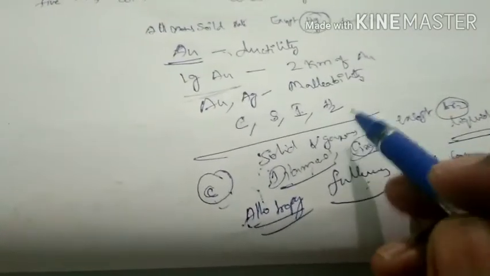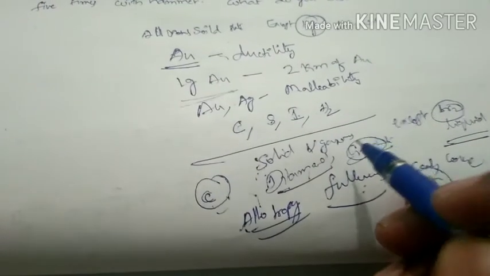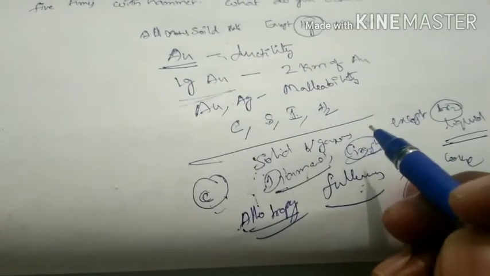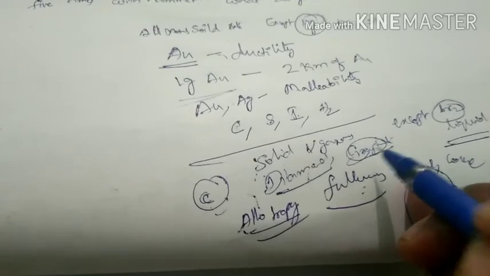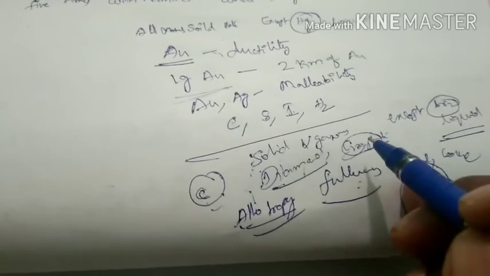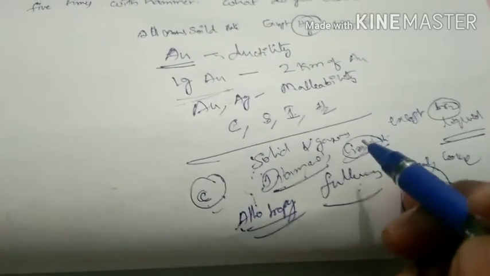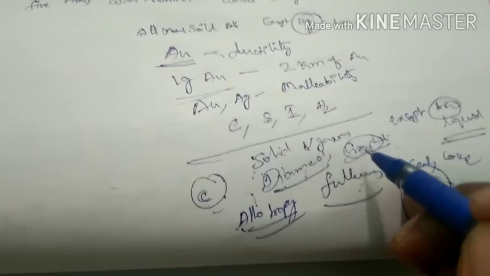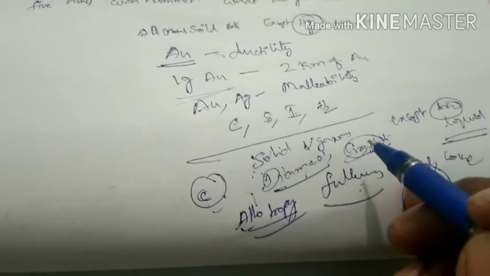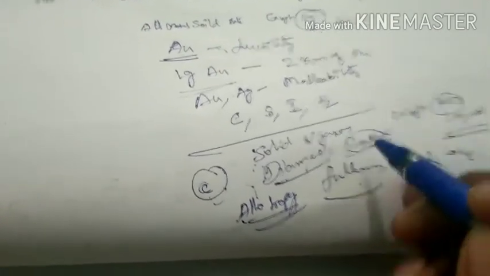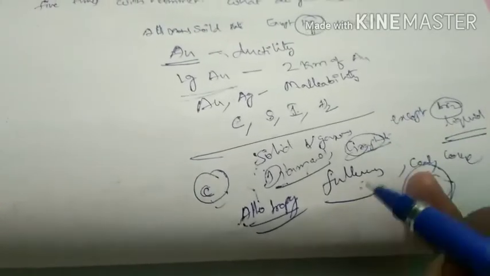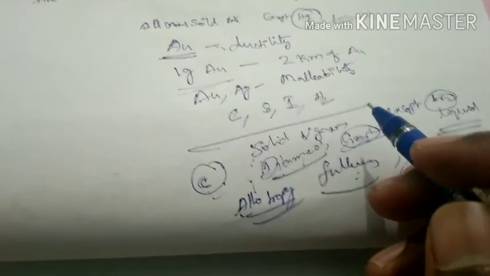So the non-metal which exhibits conductivity is what? Graphite. Graphite is the only non-metal which conducts due to the presence of free electrons. That we will discuss in the next chapter. Next one.